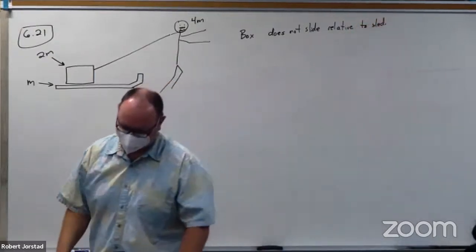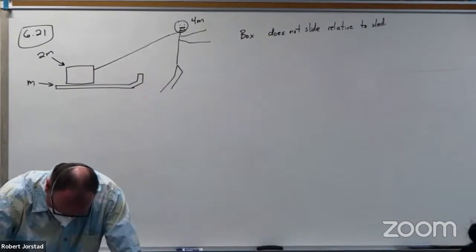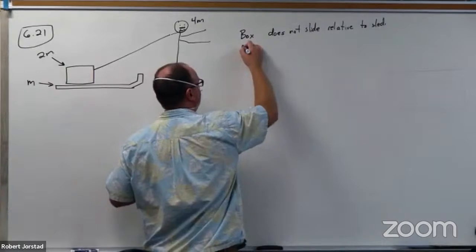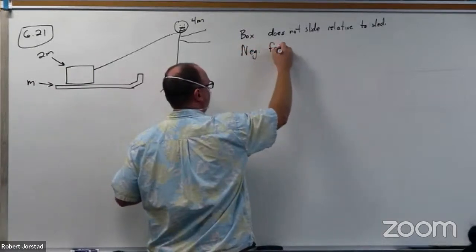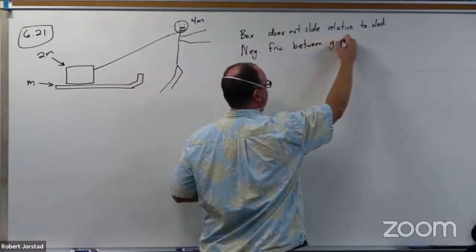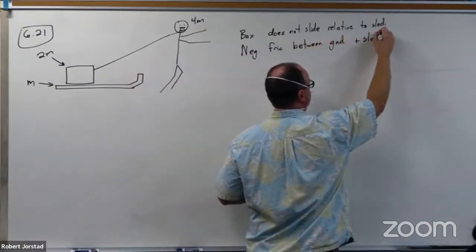Box does not slide relative to the sled. No friction, let's say negligible friction, between ground and sled. That's another fact.